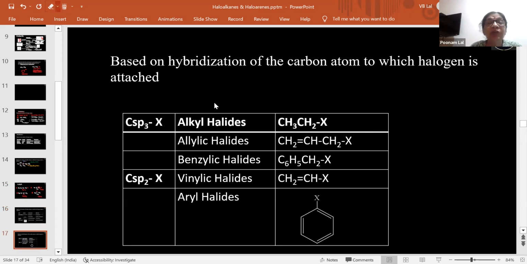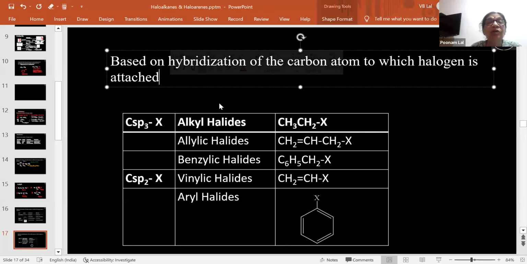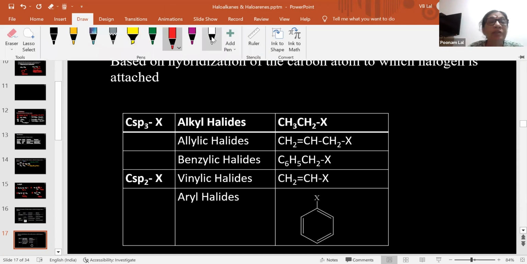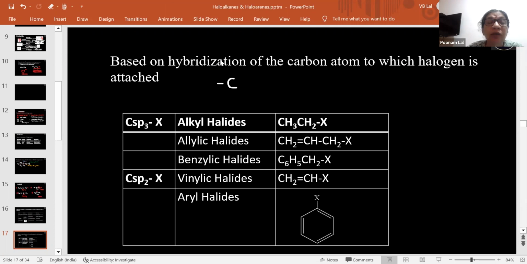Now there is one more classification, and that is based on the hybridization of the carbon to which the halogen is attached. Normally you would have learned the hybridization, right? If the carbon has all single bonds around it, like in an alkane, what is the hybridization of such a carbon?